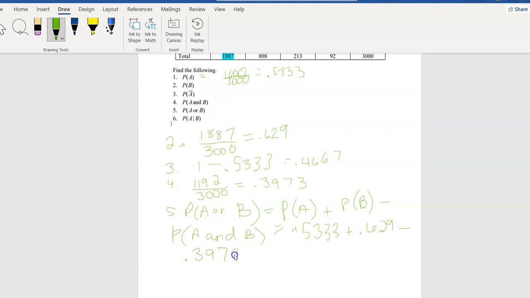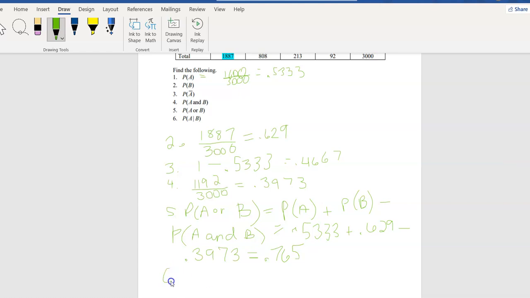And now let's put that into the calculator, and we'll have the probability of A or B. And that is 0.765. And realize your probability should never be greater than 1, so if you get something greater than 1, you've done something wrong.